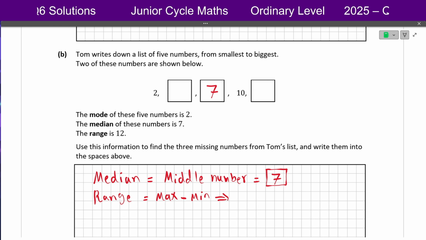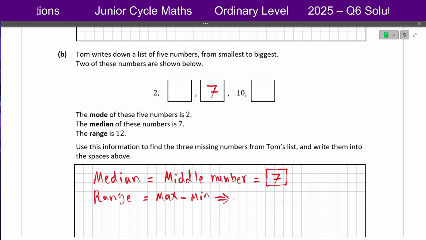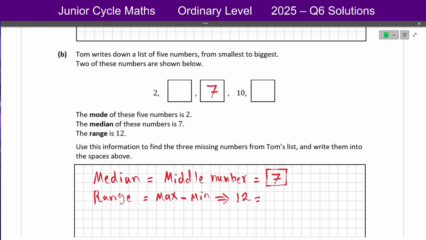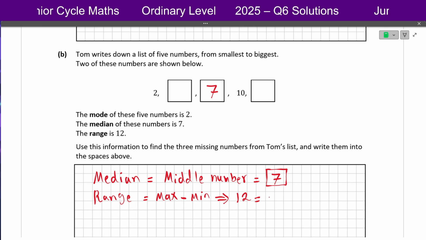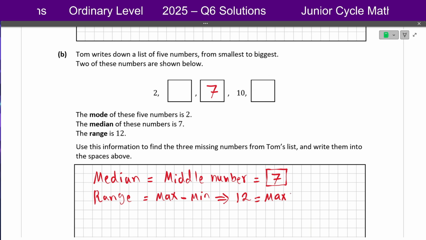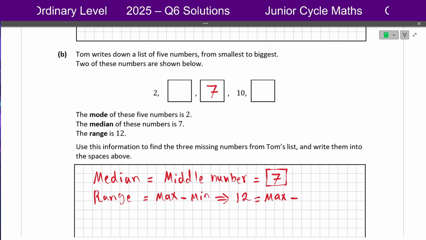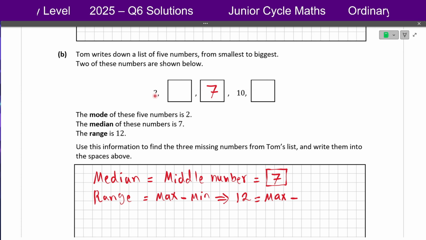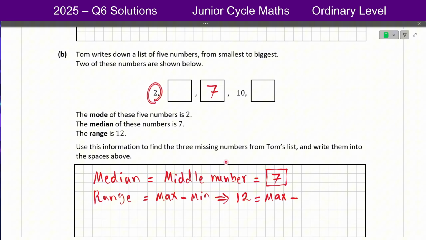The range is 12, the maximum value is the 5th number that we need to find, and the minimum is 2, which represents the first number.